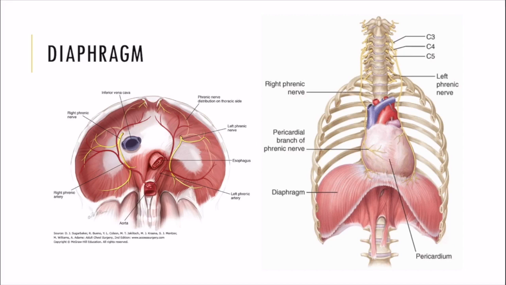Very, very thin, delicate muscle. It can be divided and described in sections, where the costal sections of the diaphragm attach to the ribs 8 to 12, where the sternal portion attaches to the posterior wall of the xiphoid, and the crural is anchored to those vertebral bodies.